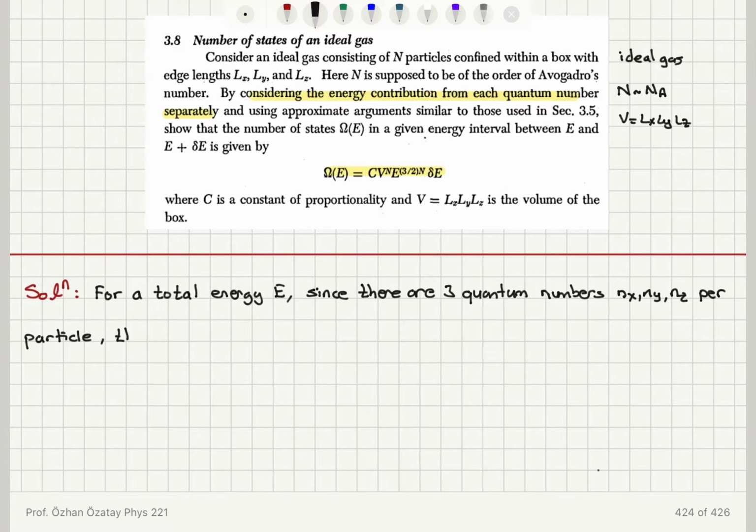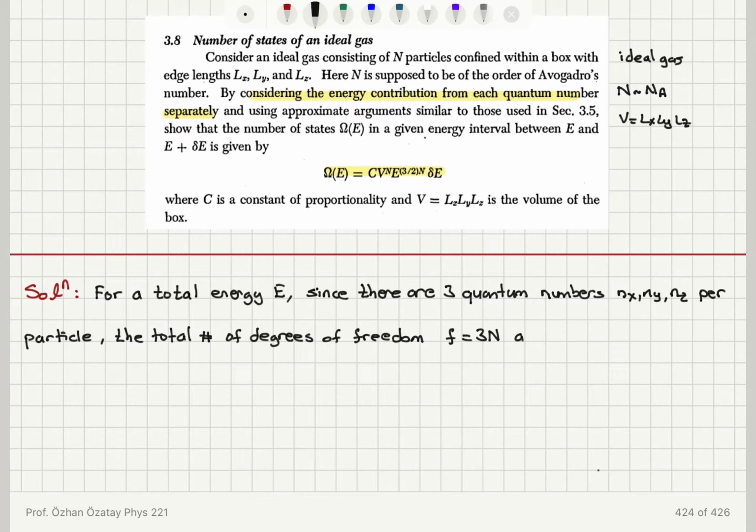If you count the total number of degrees of freedom, we call this F. F is going to be equal to 3 quantum numbers per particle, capital N particles, so 3N.